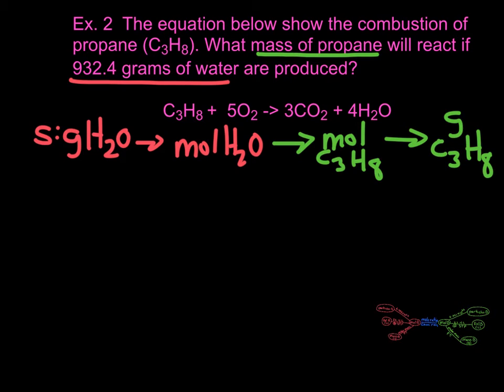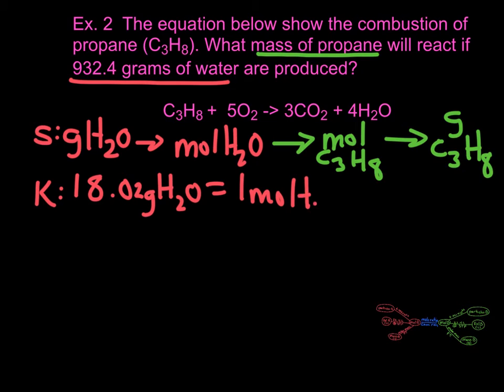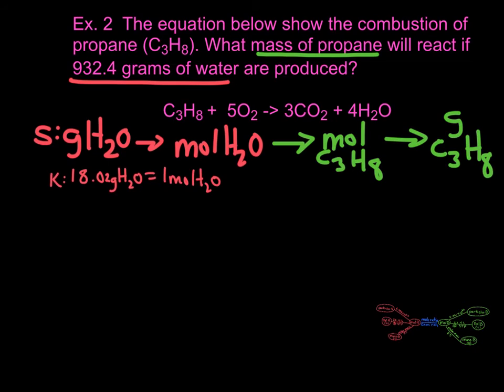All right, let's see our known values here. We know that there are 18.02 grams of water in 1 mole of water. Okay. We know that according to our equation, we have 4 moles of water. And to build our mole ratio, we look at the coefficient in front of the propane.